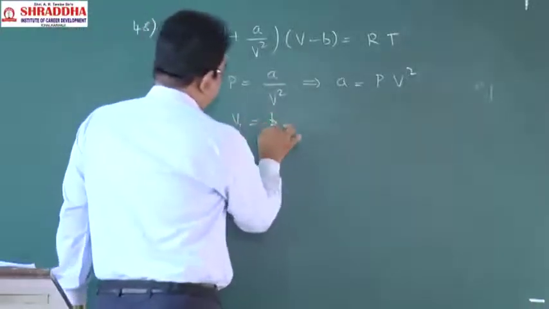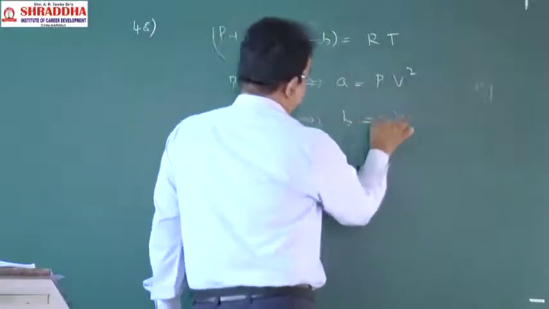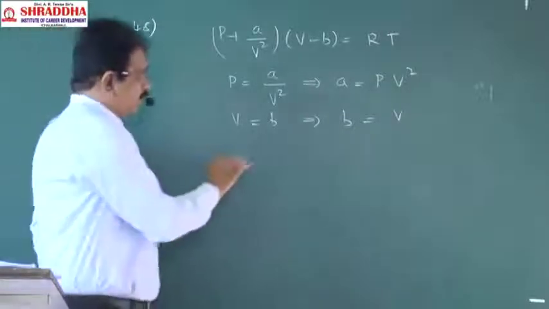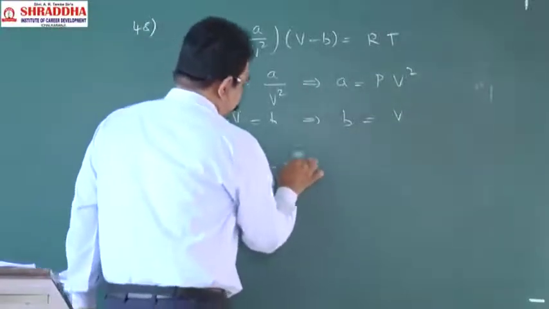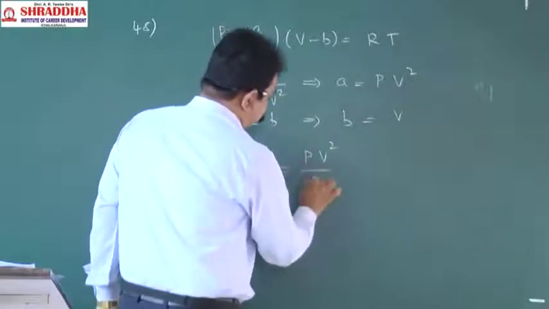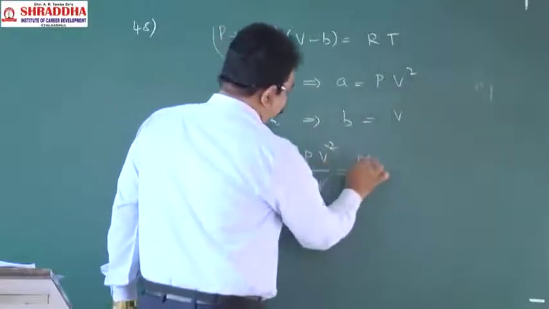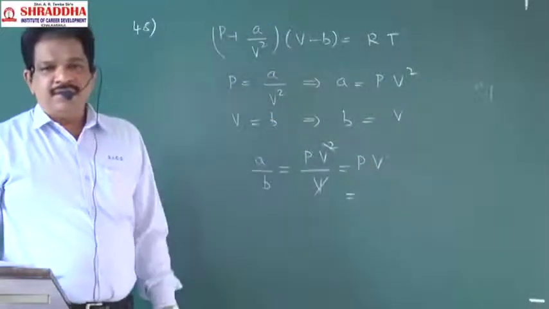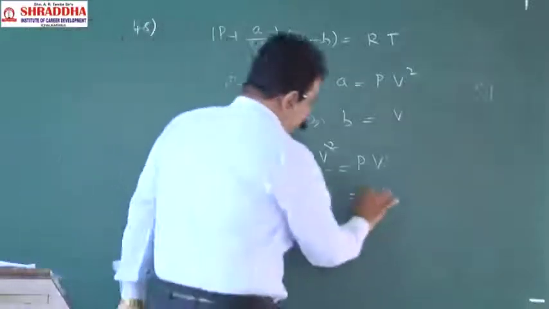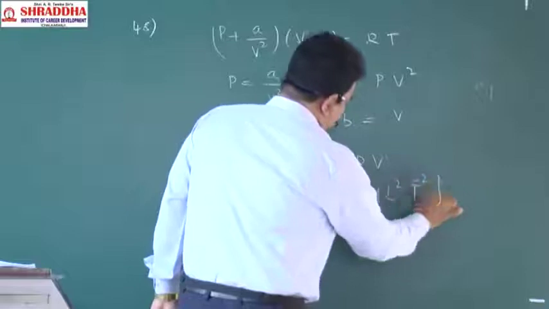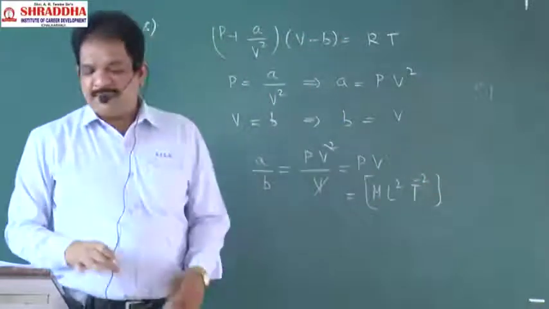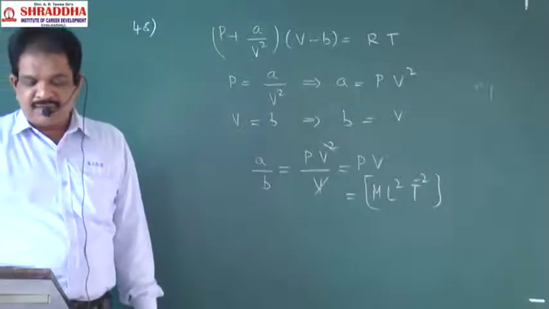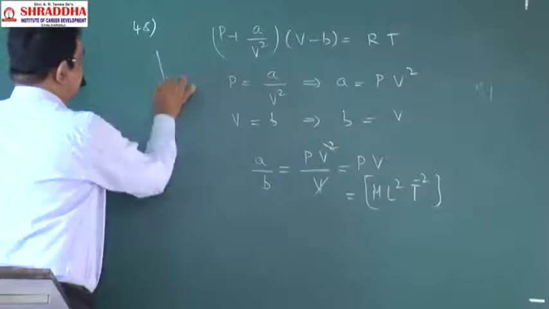V is equal to B. From this B is equal to V. If you do A by B is equal to PV square by V. V will cancel. This is equal to PV. P into V will be work done. Work done dimension formula ML square T power minus 2. So that is the dimensional formula of work done. 48. It will be C.